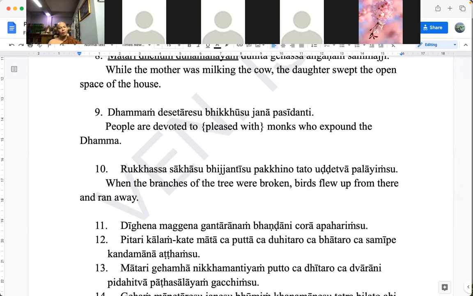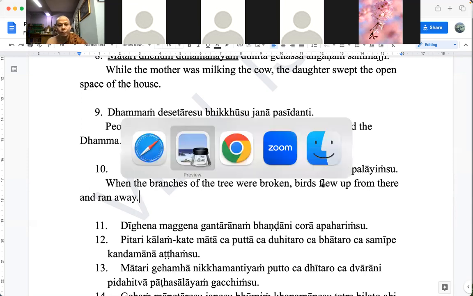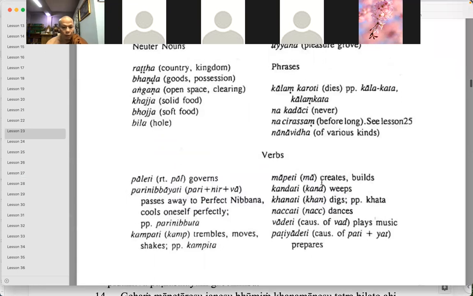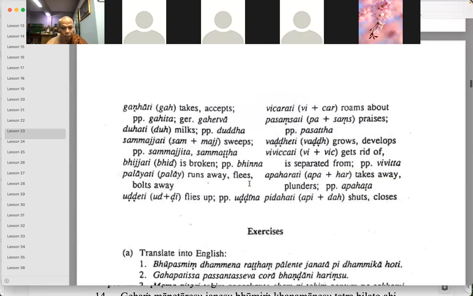So maybe before that those birds were taking rest in that tree, in those branches, but now they were broken, so they flew up and ran away, fled away also, because birds palayimsu, flee away.